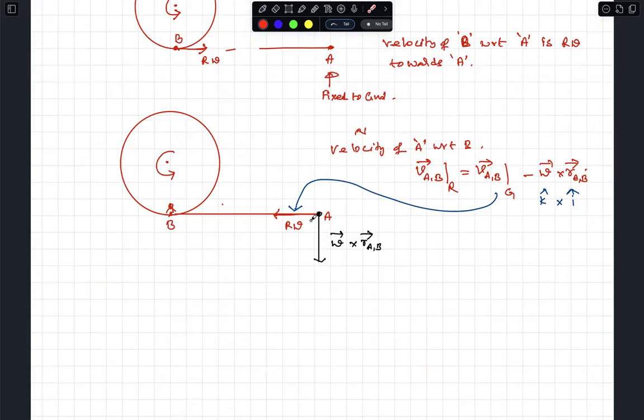Anything towards me is K cap. Next, RAB. What is the direction of RAB? Simply I cap. With respect to B, the position of A is along I cap at that instant. So therefore, K cap cross I cap is normally J cap, but there is a minus term here. Minus J cap. So it should be the direction here.